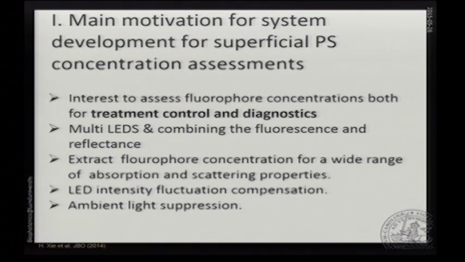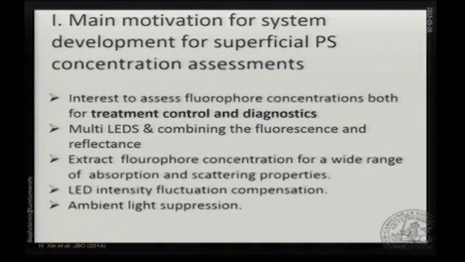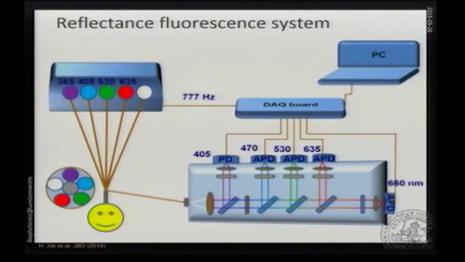That's not because we can't do that, but it's in order to get rid of the background light, because in this situation we also need to be careful with operating light and room light and so on. So then we will try to extract the concentration of this. We have some advantages here: we get rid of the fluctuations of the LEDs, and we can also suppress ambient light, room light or operating surgical lamp, whatever we have.